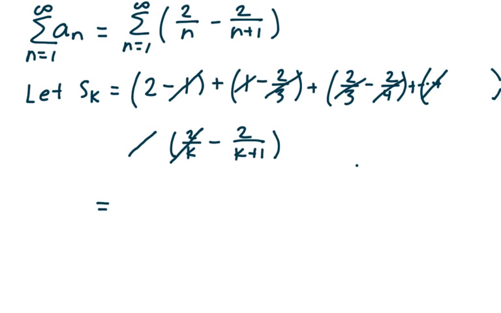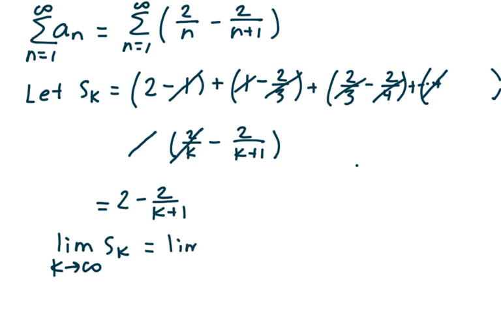Now, what do we have left? We have 2 minus 2 over k plus 1. And so the limit as k goes to infinity of S sub k is the limit as k goes to infinity of 2 minus 2 over k plus 1. But that's equal to 2.